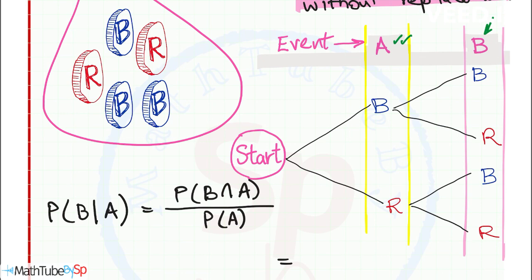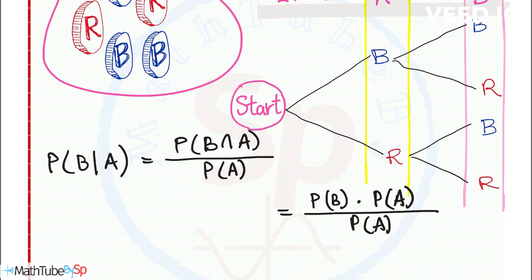Now, this was in the case of a dependent event. If you have an independent event, then it doesn't matter whether the probability of A and the probability of B are connected. So I'll put it this way: the probability of A and B happening successively would be the same as the probability of B multiplied by the probability of A, divided by the probability of A, as per the formula here.